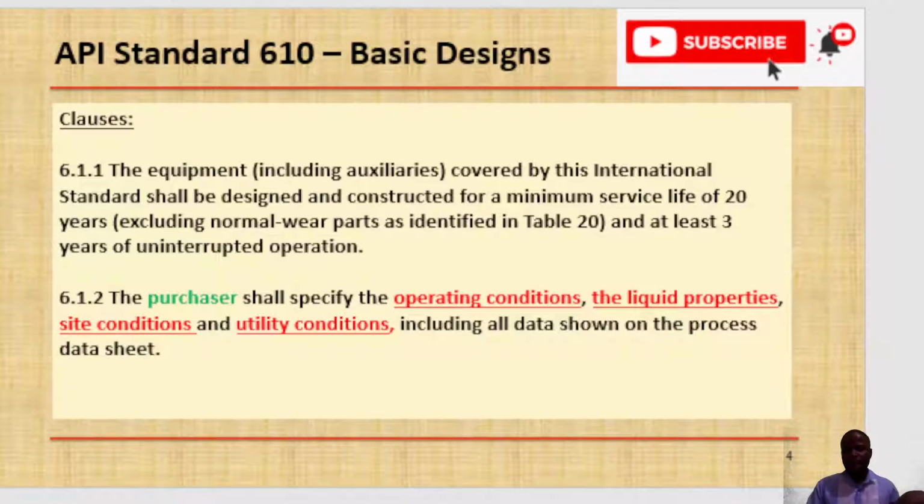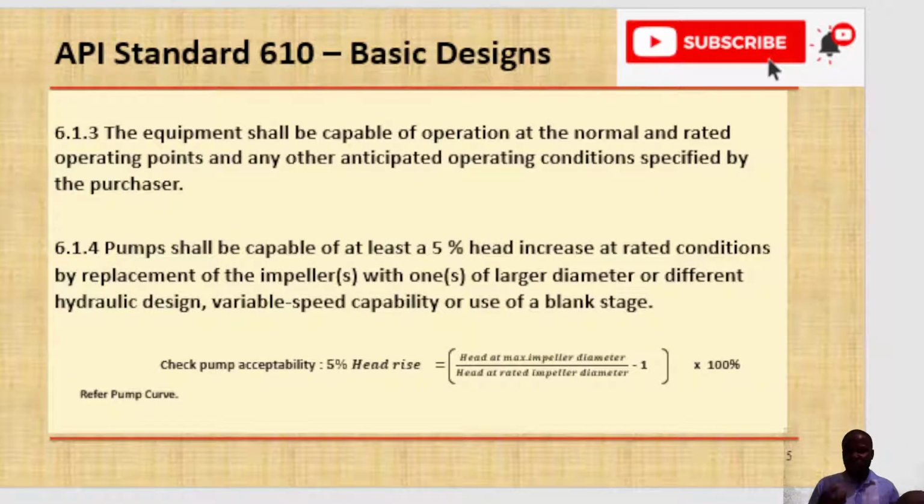Okay. Now next, one of the clauses as per API 610 is that this equipment, this particular centrifugal pump, shall be capable of operation at the normal and rated operating points. Let me repeat this. The equipment shall be capable of operation at the normal and rated operating point. As a purchaser, you have specified to the vendor your operating conditions, and part of the operating conditions is going to be what?